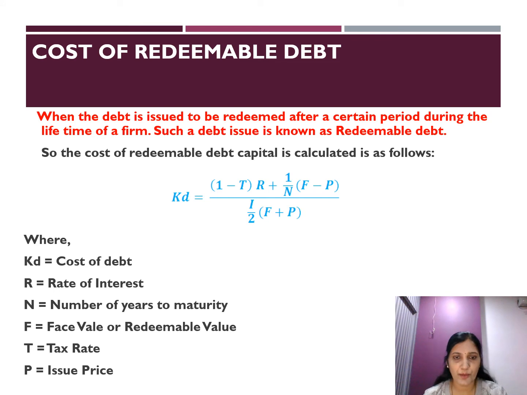The formula is a bit different: KD, cost of debt, is equal to 1 minus T, where T is the tax, into R, the rate of interest, plus 1 by N, where N is the number of years to maturity, then F minus P, where F is the face value or redeemable value and P is the issue price, divided by half into F plus P. Clear about this? This is the formula you have to remember.